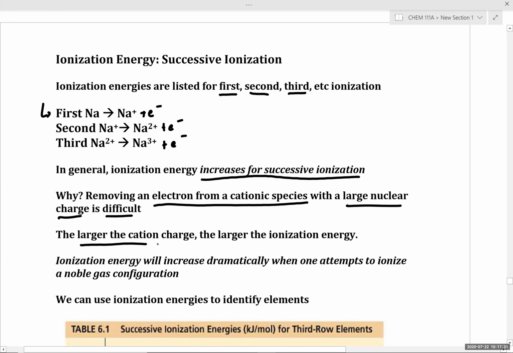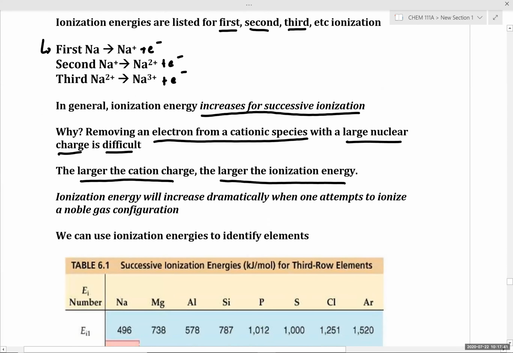And the larger the cation charge, the more protons that are found in that cation's nucleus, the larger the ionization energy. Now, there comes a point where you'll see this almost catastrophic rise in ionization energy, and that occurs when one attempts to ionize a noble gas configuration. So we can use these ionization energies to identify elements.